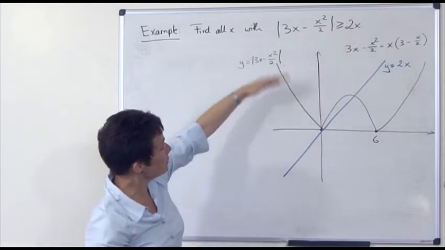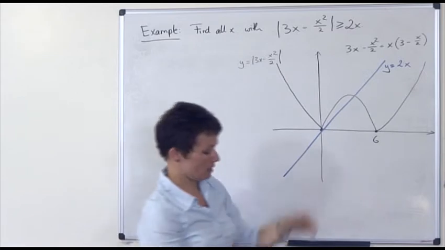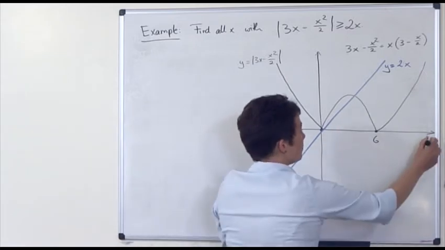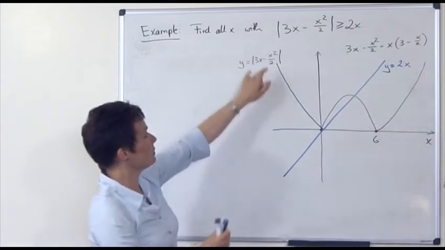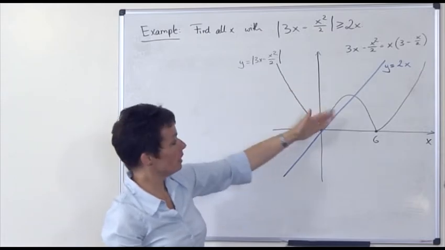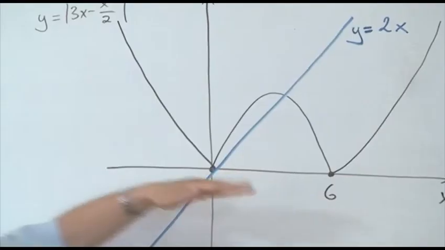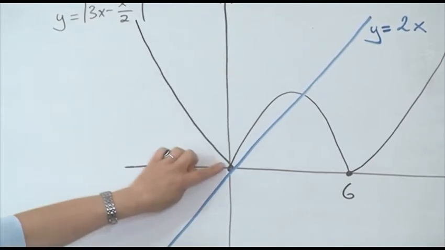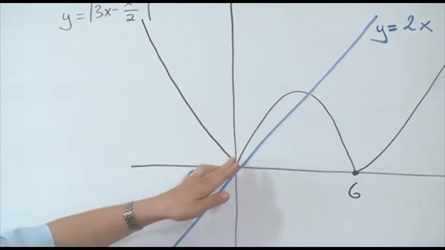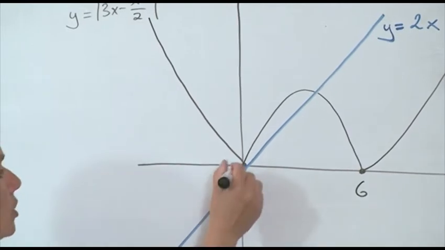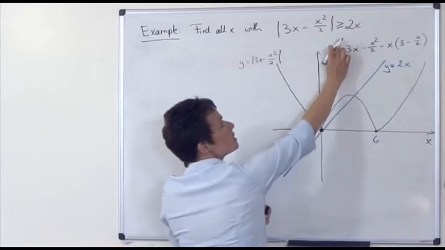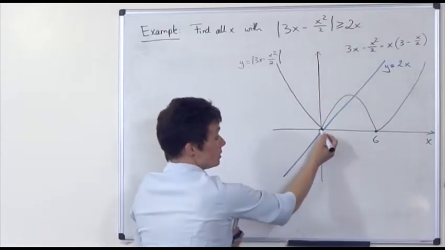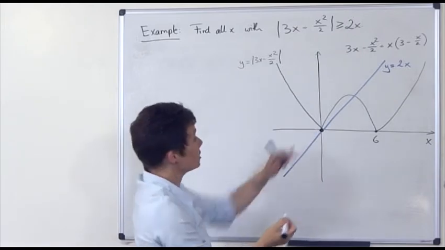In terms of the graph, that means for which x's does the graph of this function lie above this graph. As I see all over here, this graph lies above the blue line. At 0 they're actually the same, but that is allowed here.